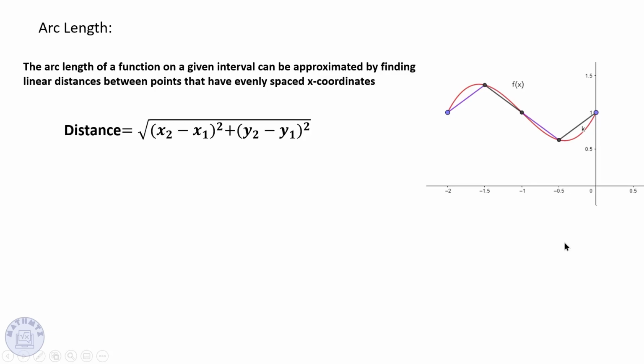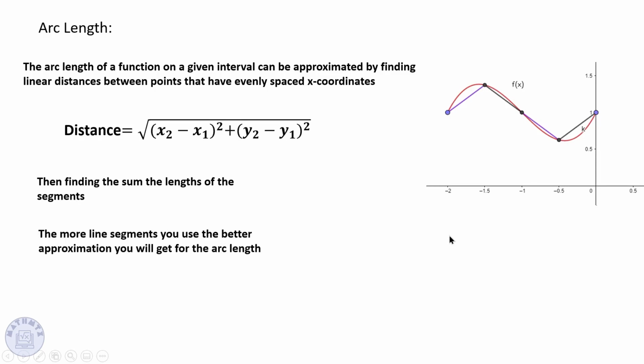All right, so we will just use the formula for the distance, and we will be finding the sum of the lengths. The more line segments we use, the better, because it will give us a decent approximation for the arc length. Now, the question will usually be deciding the number of line segments.